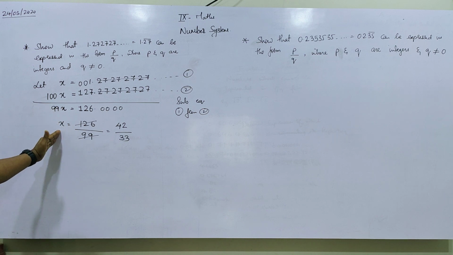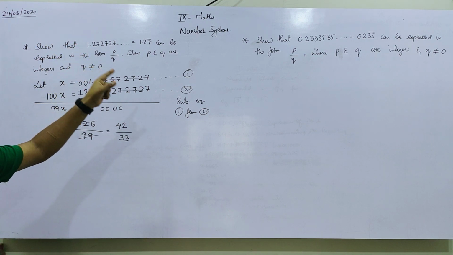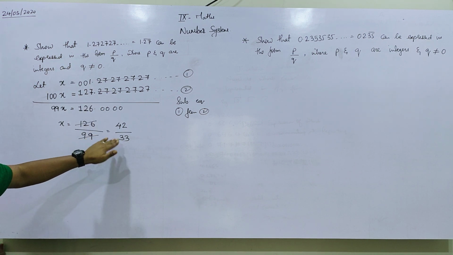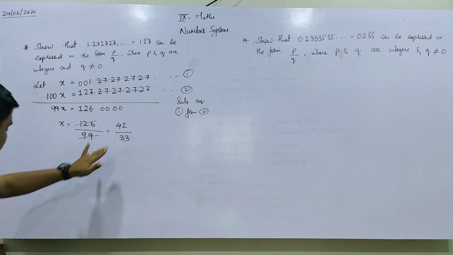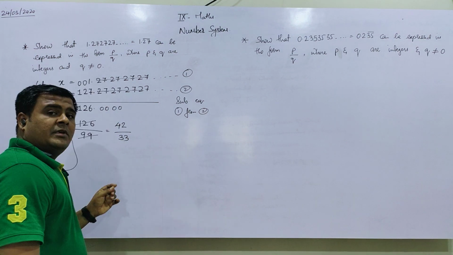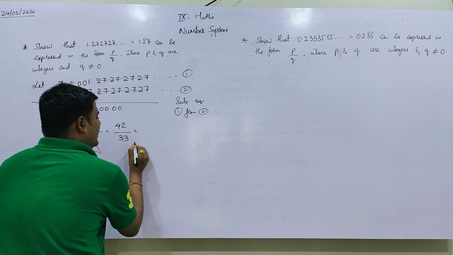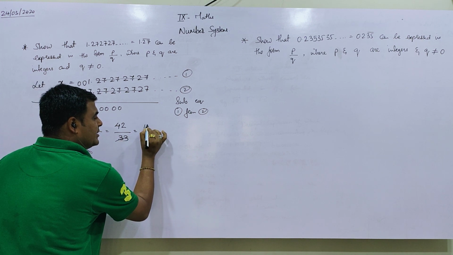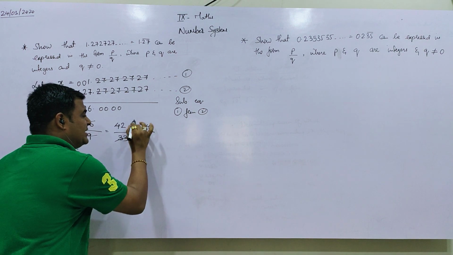The value of x, when the question has 1.272727 as a decimal expression, you will get the answer 42 by 33, which is in the form of p by q. Again 42 by 33 can be reduced by 3: 3 11s are 33 and 3 14s are 42, so you will get 14 by 11 as the final answer.